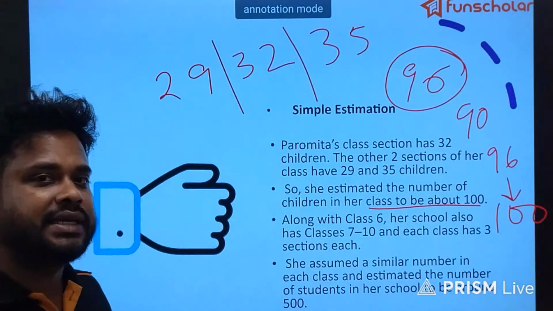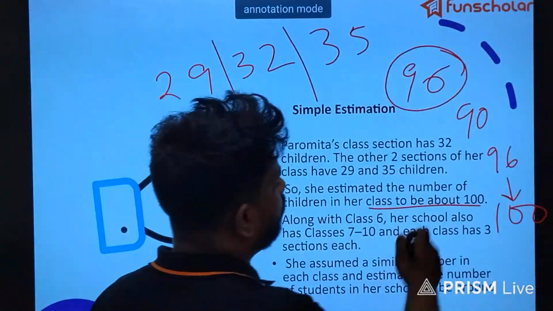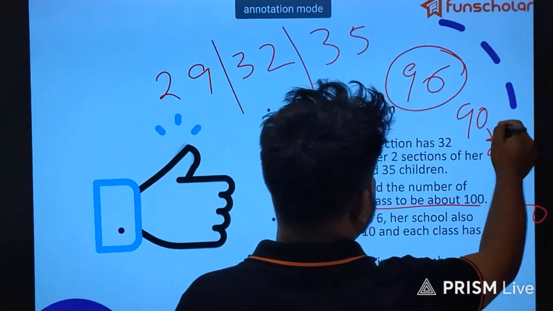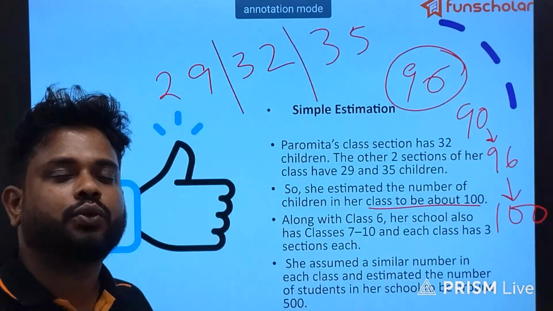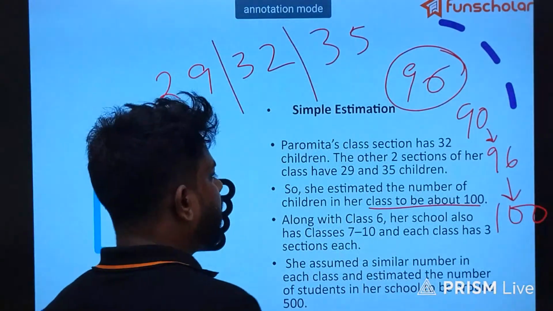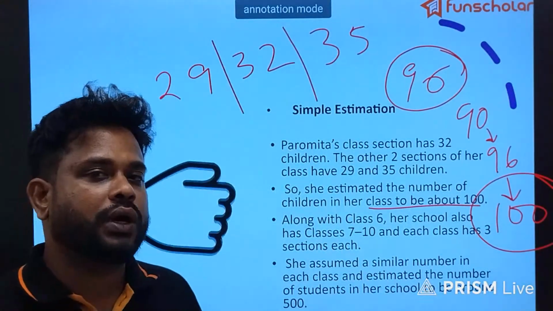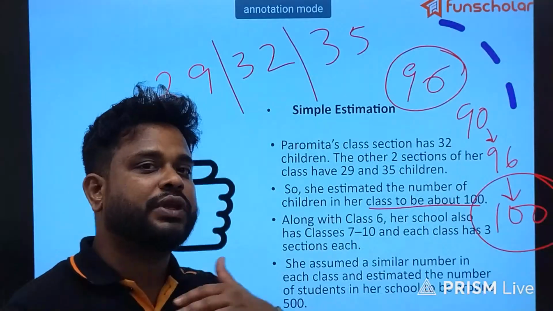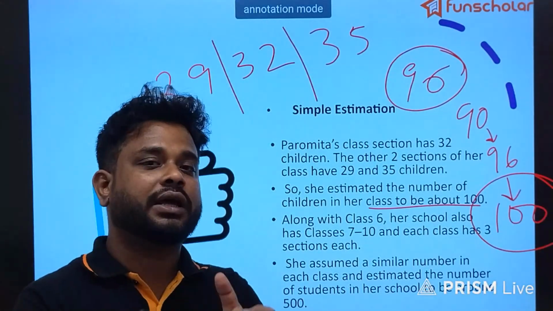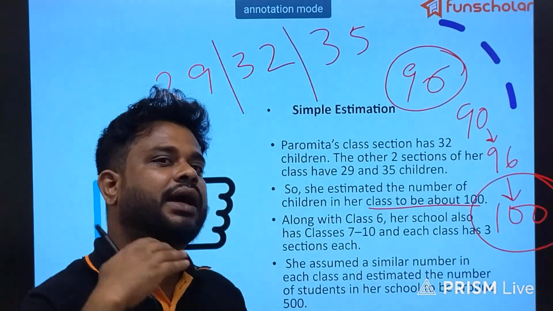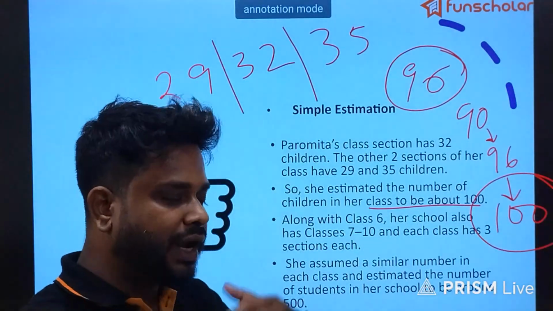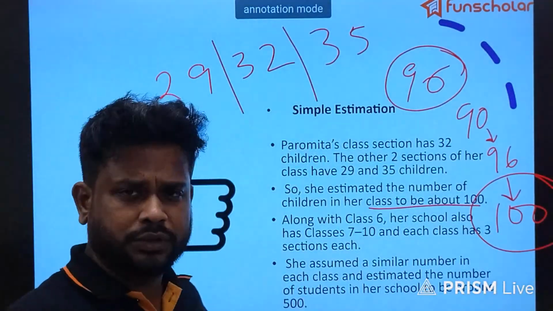So 96 is closer to 100 compared to 90. That's why she said we have 100 students. So this is called estimation. We have to take the nearby bigger numbers or nearby smaller numbers to get the desired number.